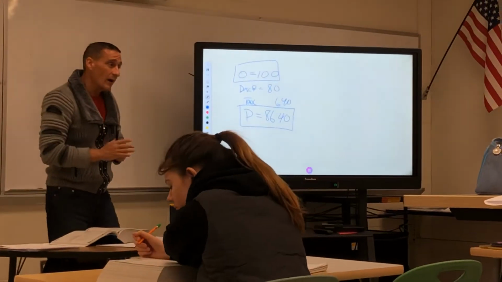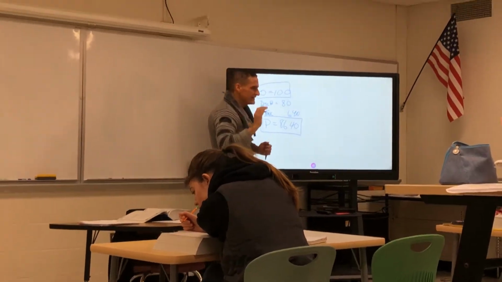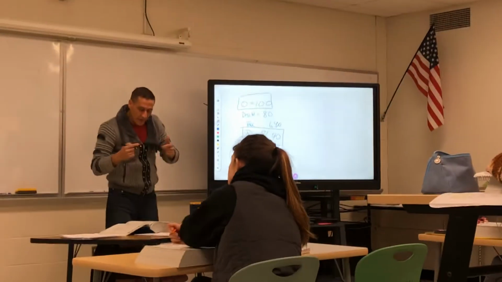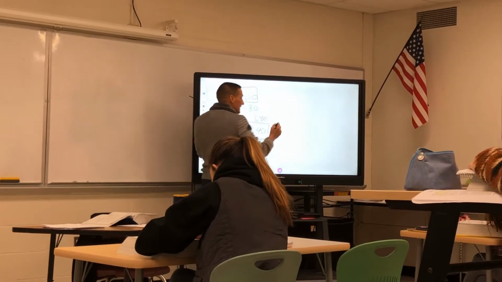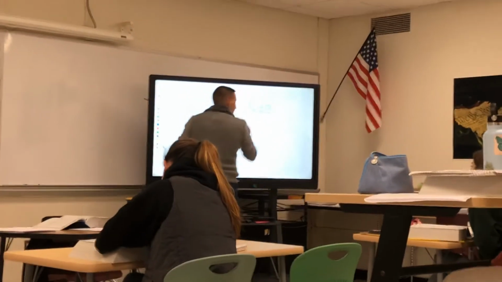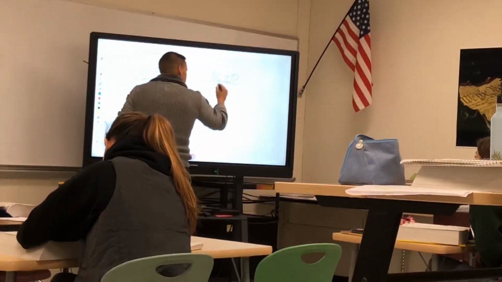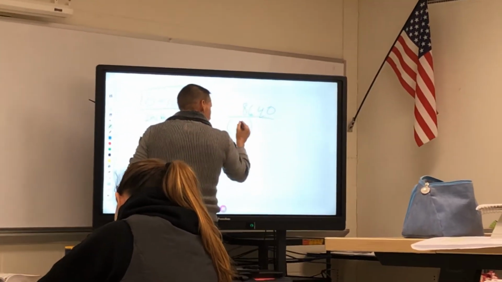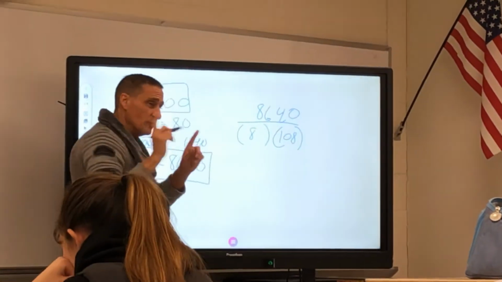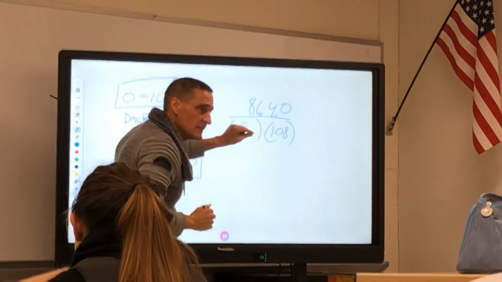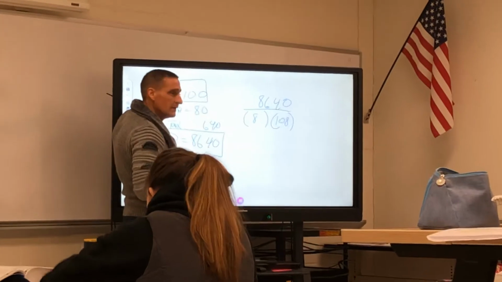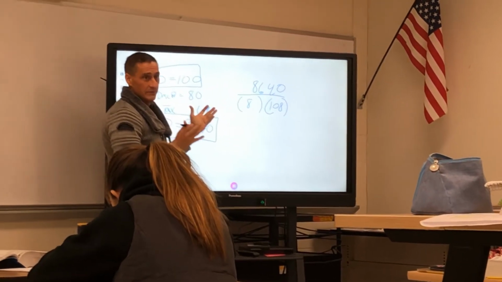Having said that, I want you to watch one last little dastardly trap of the enemy. Look at how they have worded D. They put P, which I'll put in 86.4, over, parentheses, what's in the first parentheses? And what's in the second parentheses? If you plug this into your calculator precisely as you see this, the calculator is not going to give you 100, which is what we need, because the calculator is stupid.